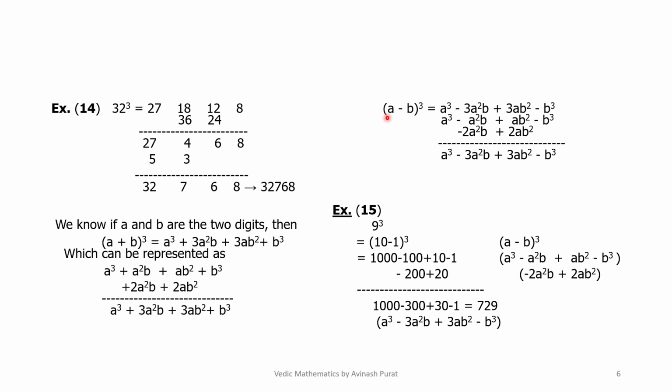If it is (a minus b) cube, equal to a cube minus 3a square b plus 3ab square minus b cube.